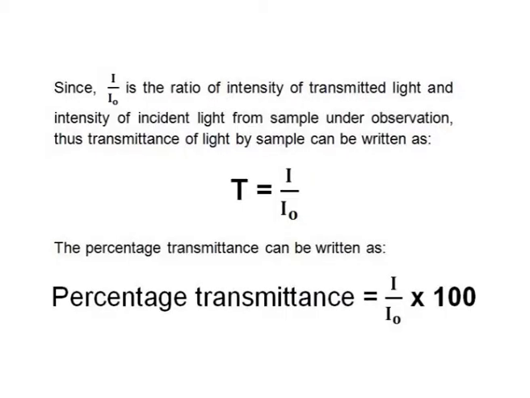Since I upon I naught is the ratio of intensity of transmitted light and intensity of incident light from the sample under observation, the transmittance of light by the sample can be written as T, the ratio of I upon I naught. The percentage transmittance can be represented as percentage transmittance is equal to I upon I naught into 100.